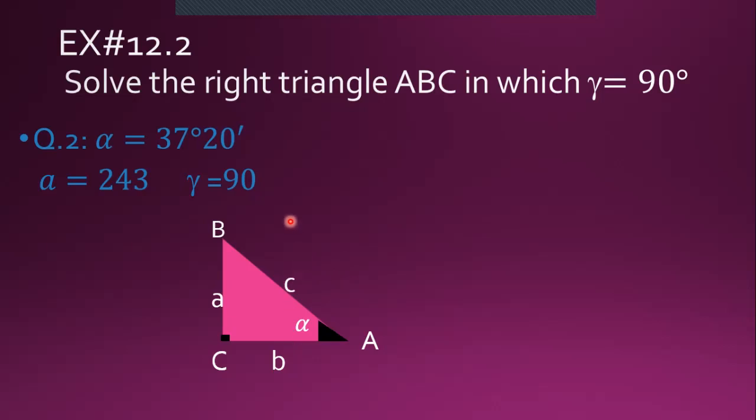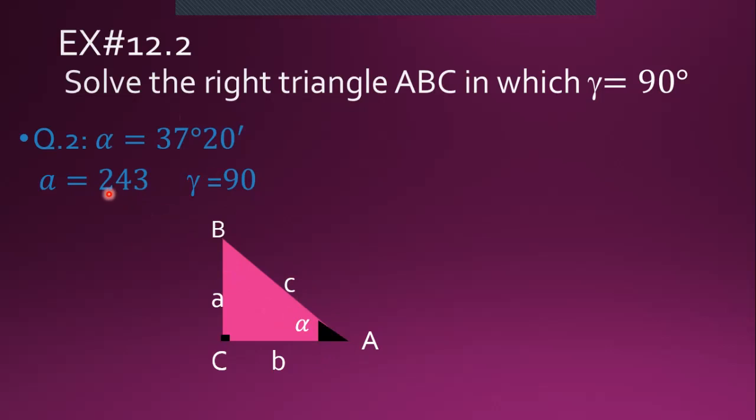We say that this is the usual notation. These are the names of the vertices A, B, and C, and you need to take C at the right angle, because it is given gamma equal to 90 degrees. I have taken alpha as a bottom angle, because it is given, and if we take the given angle at the bottom position, then it is easy to solve the triangle.